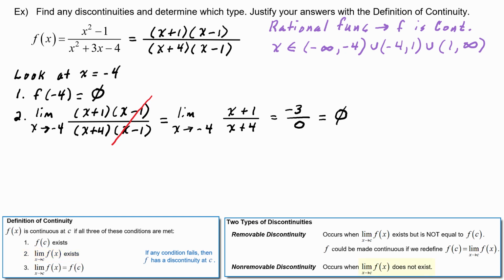Now, because the limit does not exist, we know that means that f has a non-removable discontinuity at x equals -4.